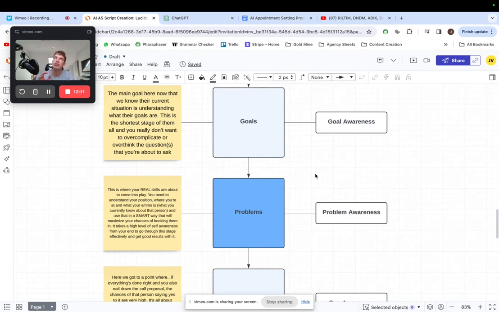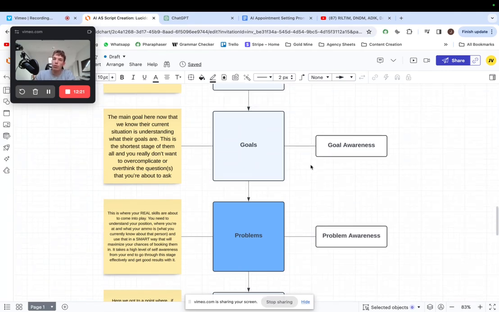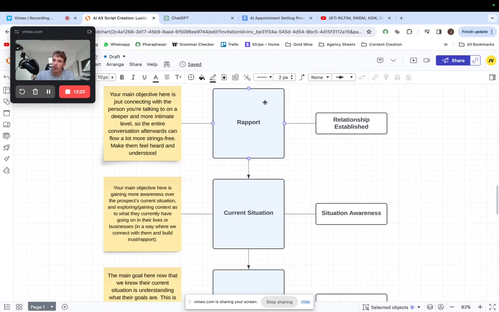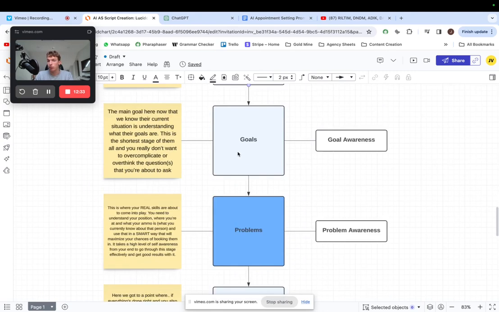As crazy as it sounds, I would say 80% of the time, you can't trust whatever the prospect is saying at first. This is why we're focusing so much on these two beginning parts, because if you build enough rapport with them, and if you actually connect with them on a deeper level, there's a much higher chance that they're gonna tell you the truth later on.